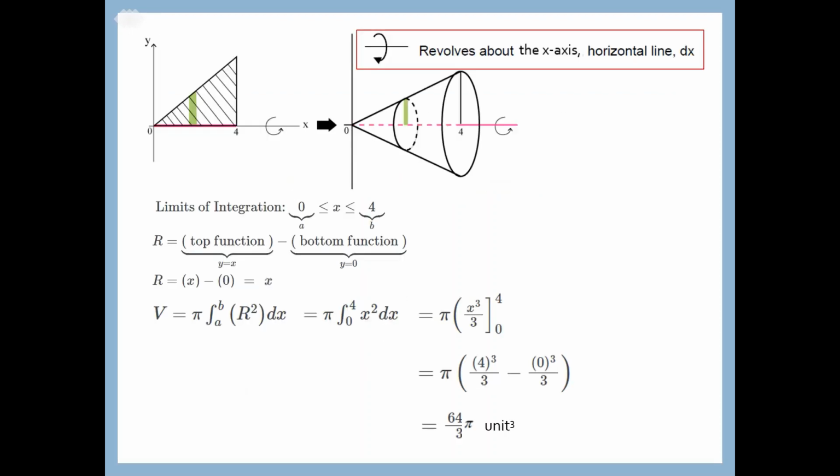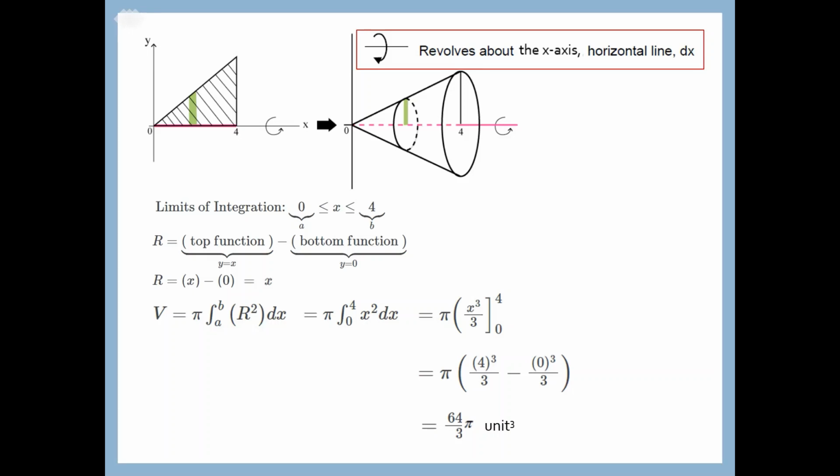To solve, first identify the top function and the bottom function for the solid of revolution. As the graph is rotated about the x-axis, the top function is y equals x and the bottom function is y equals 0. Thus, r is equal to x minus 0, which is equal to x.